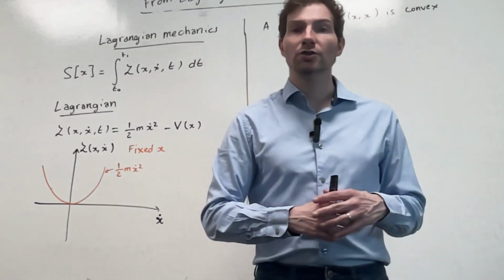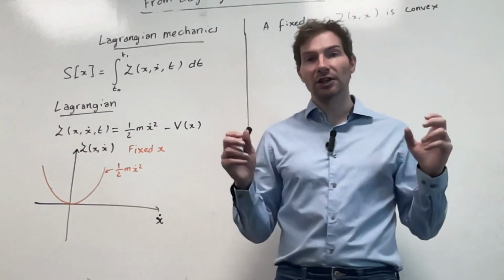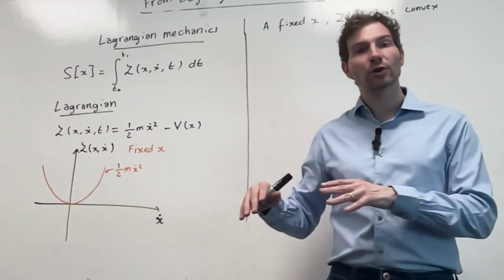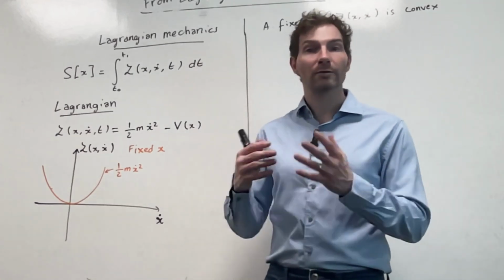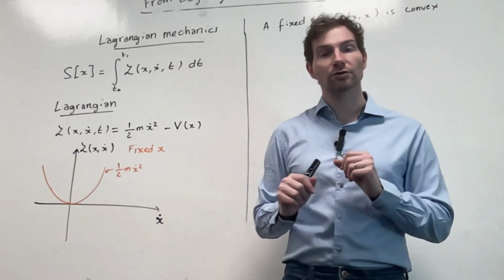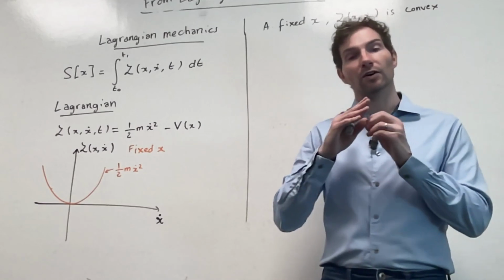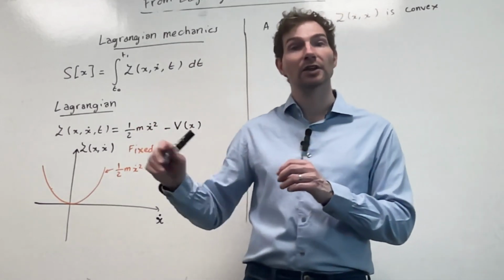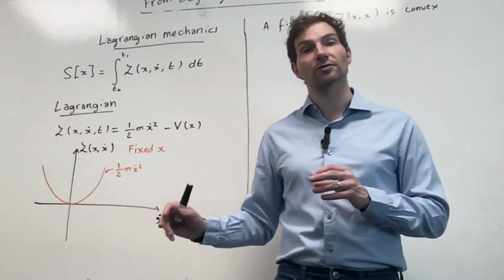It's a sort of minimization principle very akin to Fermat's principle in optics, whereby you say that you want light to travel along the path of least time to go from one place to another.